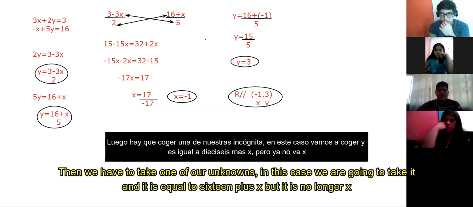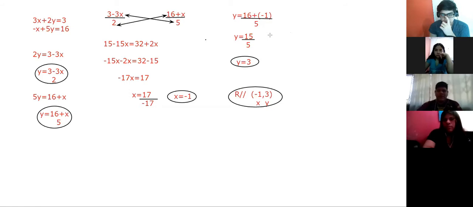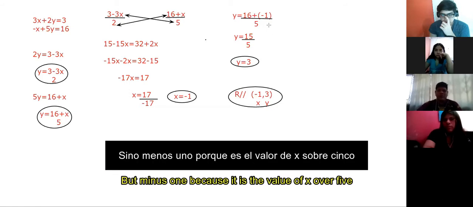So we have to take one of the unknowns, in this case we are going to take x, and x is equal to 16 plus the value of x, which is no longer x but minus 1, over 5.